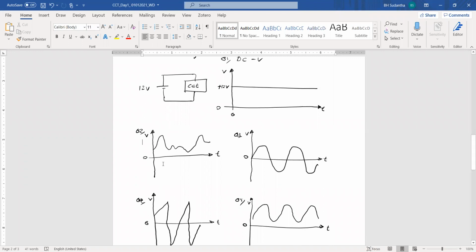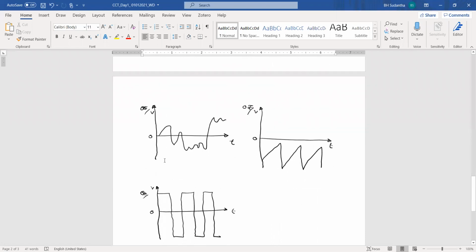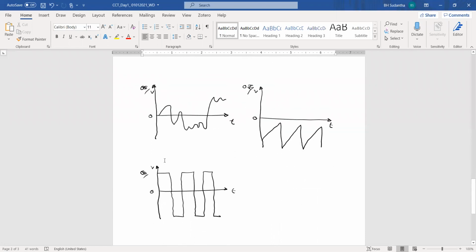Then can you write down about 2, 3, 4, 5? And then look at 6, 7, 8.